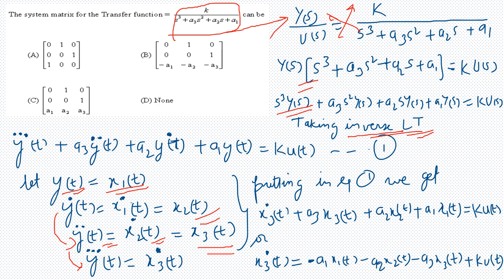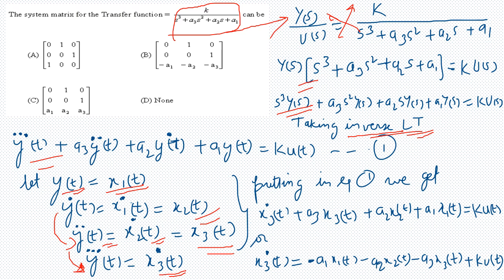Now we have reached the highest order of differentiation. So y triple dot of t is equal to x3 dot of t. Once we reach the highest order of differentiation, we put all the values in this equation 1.